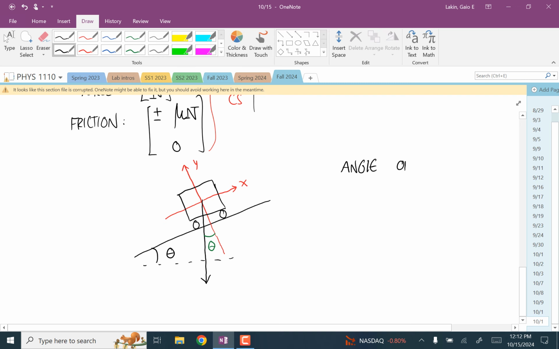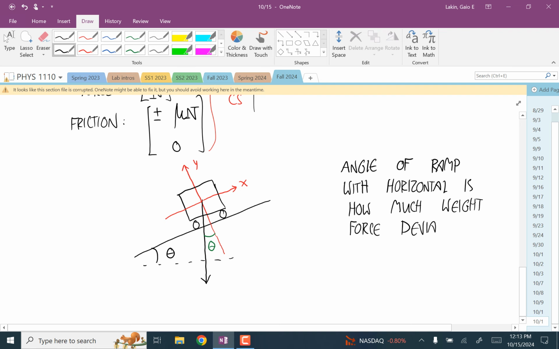So the angle of the ramp with the horizontal is how much the weight force deviates from 270 degrees. (270 degrees being the negative y-axis.